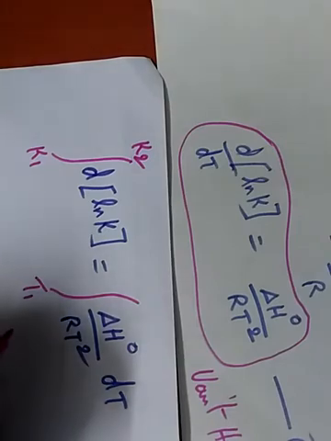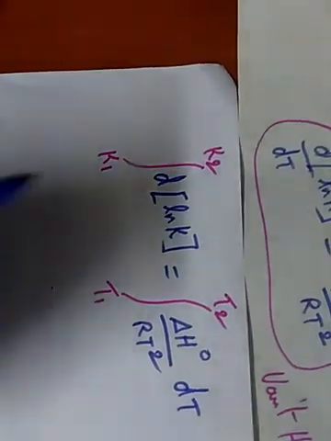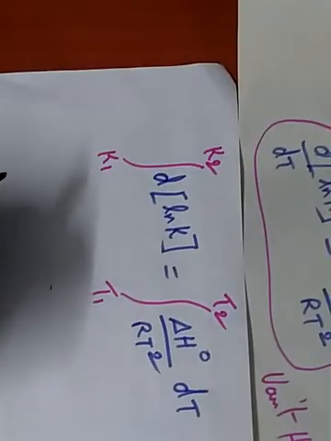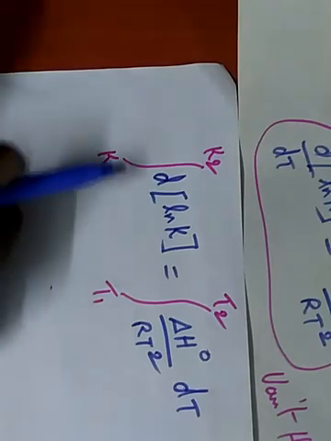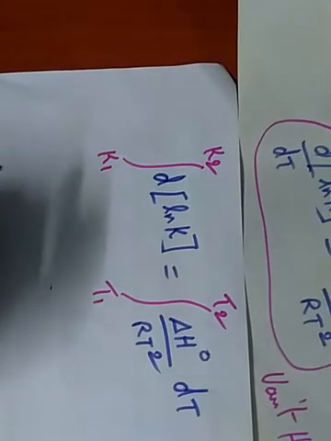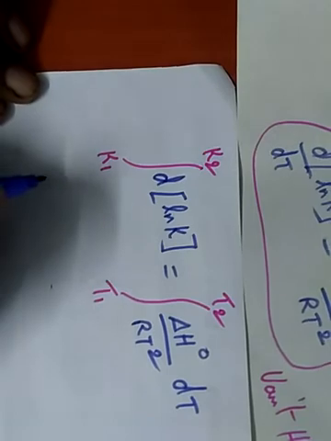Therefore, it will have some temperature T1 as the initial value and some final temperature T2. So these are the limits that we have to consider. Next, the integral and differential cancel, and you will have ln K.